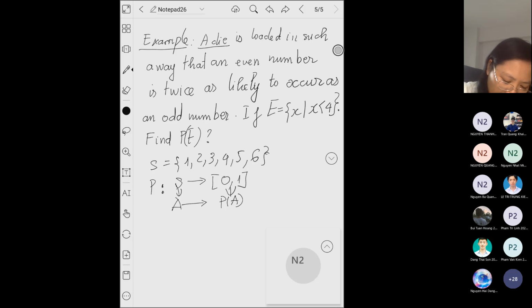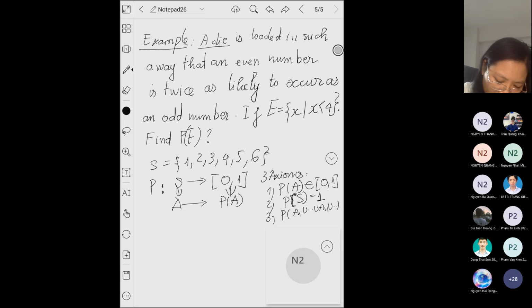It satisfies the 3 axioms: the probability of A is in the interval 0 to 1; the probability of S equals 1. And we have just proved that the probability of mutually exclusive events equals the sum of the probabilities of each event. Infinite or finite, it is always true.